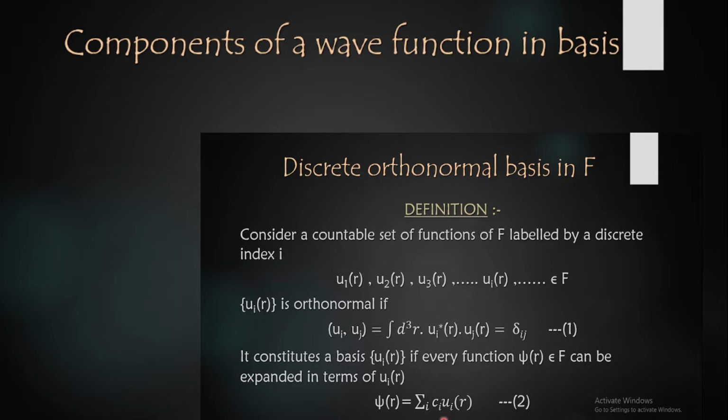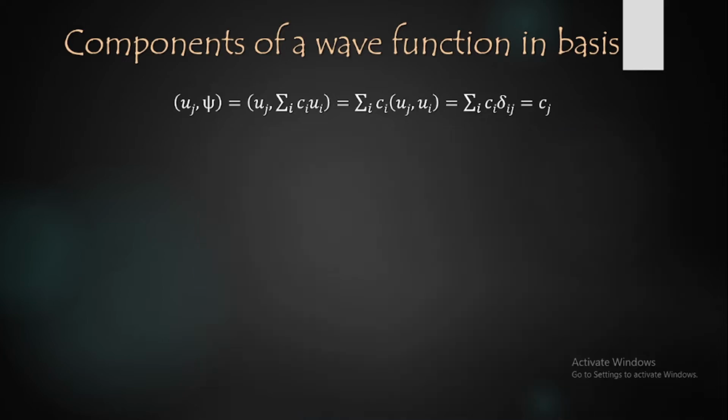Equation number 2 is xi of r equals the summation of ci ui of r. To this, on the left hand side we multiply by uj star of r, meaning we are getting the inner product of uj with xi, because we know that the left hand side part of the inner product always means the complex conjugate.